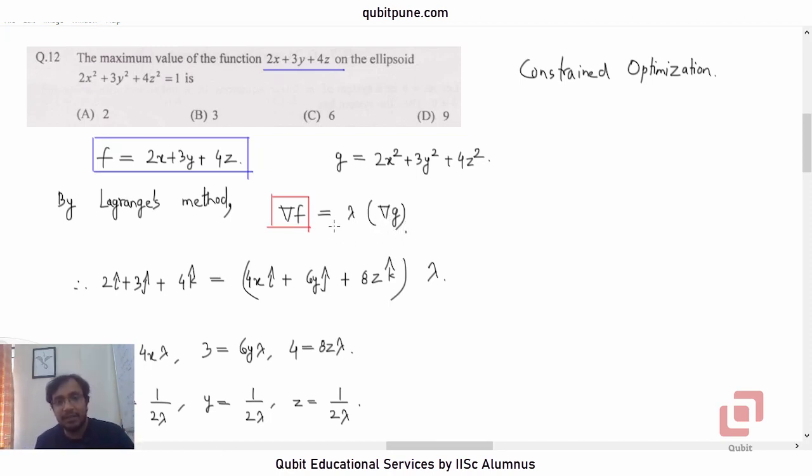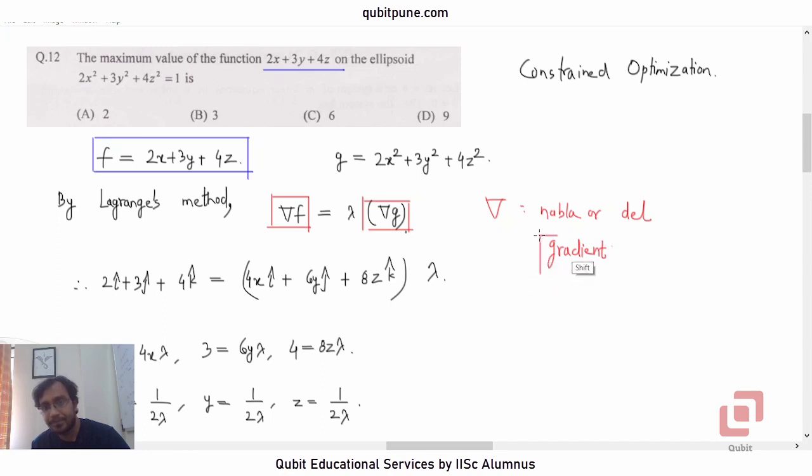So it will be del f is equal to lambda into del g. This is nabla or del, which we use for representing the operation of gradient finding. Correct?